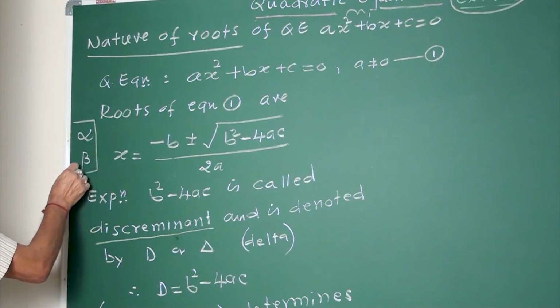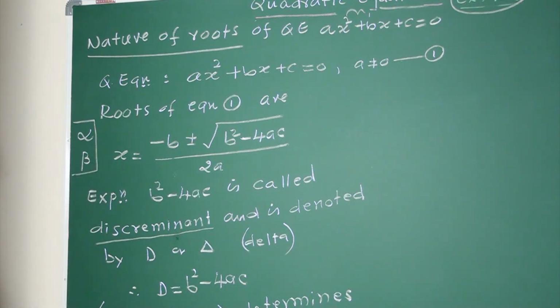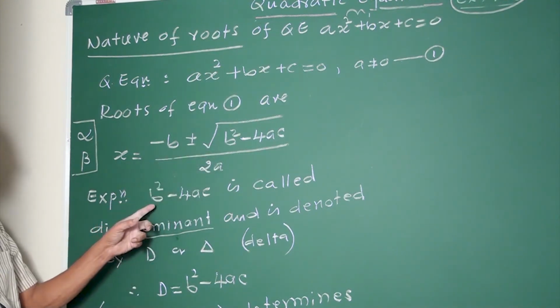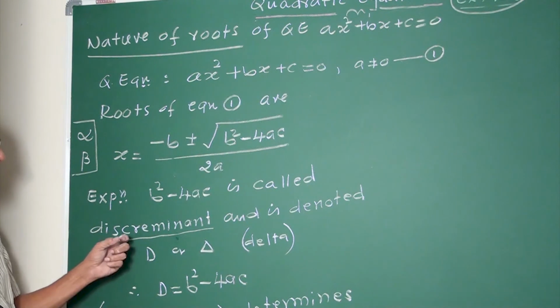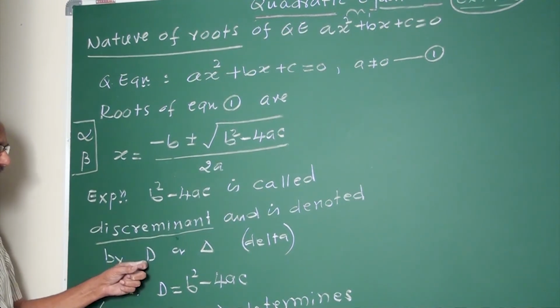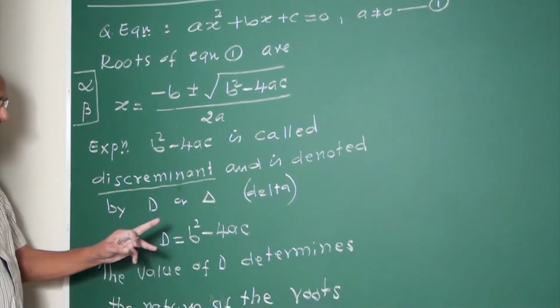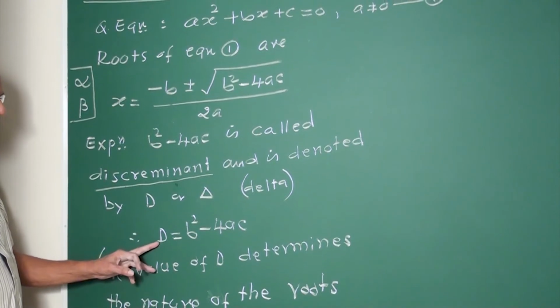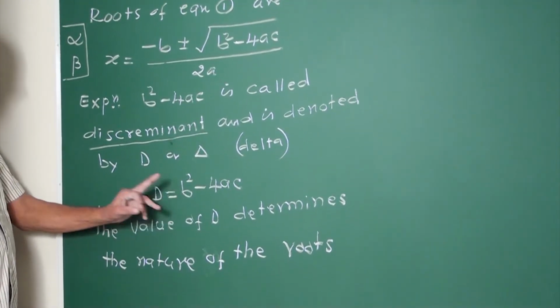These are the standard symbols to denote the roots of this quadratic equation. The expression b square minus 4ac is the discriminant of the quadratic equation and is denoted by either capital D or capital delta. I take D equal to b square minus 4ac.